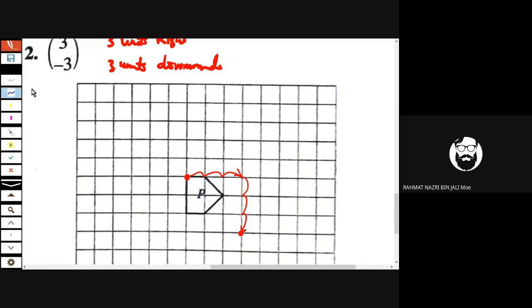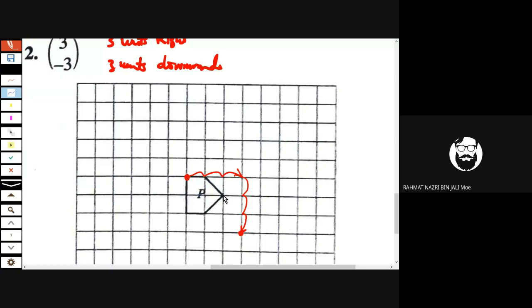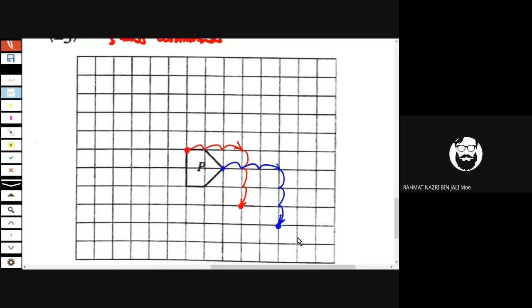Kemudian ambil ini pula sebagai second. 1, 2, 3. 1, 2, 3. Okay, sekurang-kurangnya dah 2, kita dah dapat gambaran. 2 cukup lah. Terus kita lukis image.